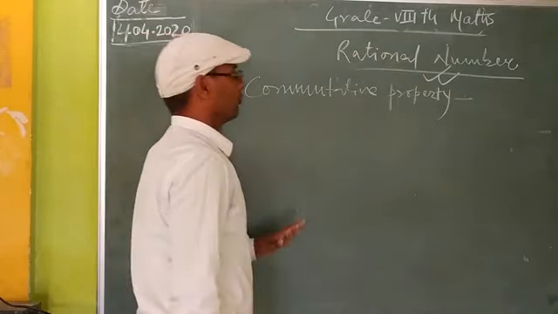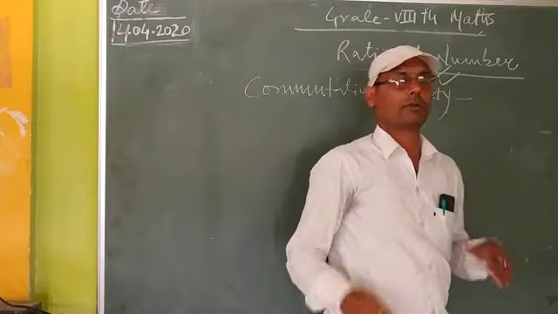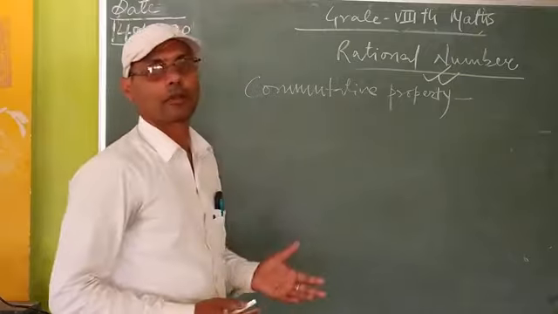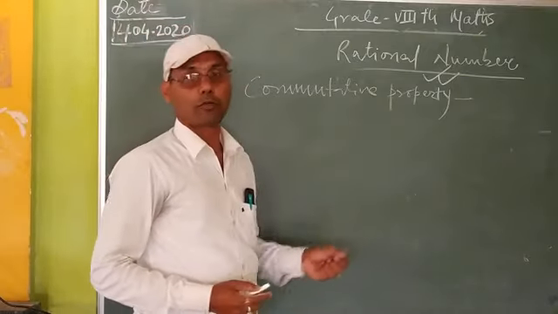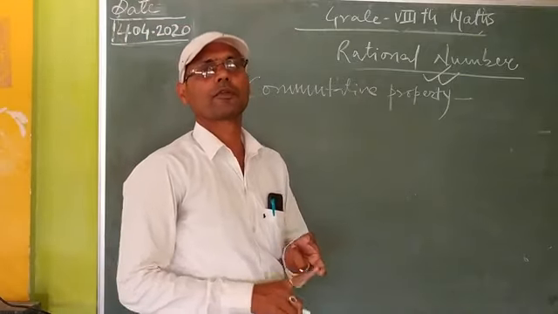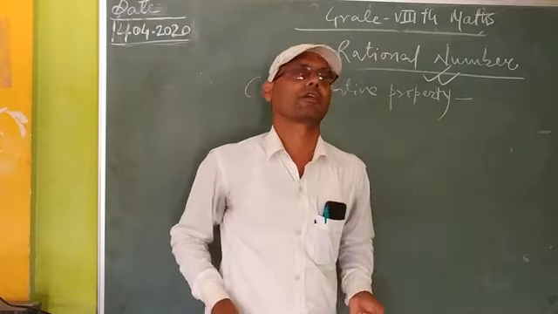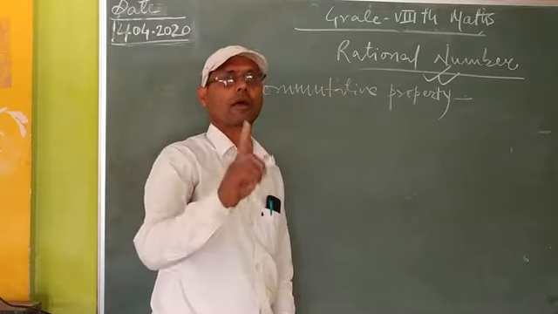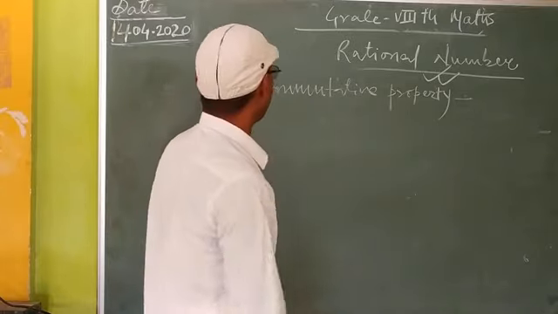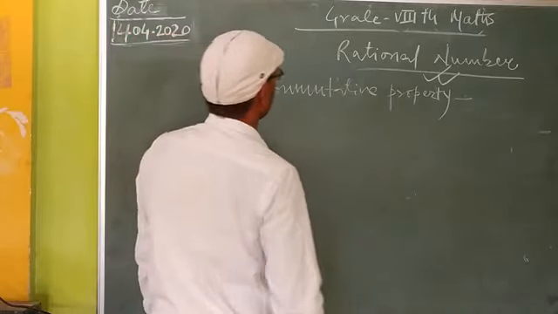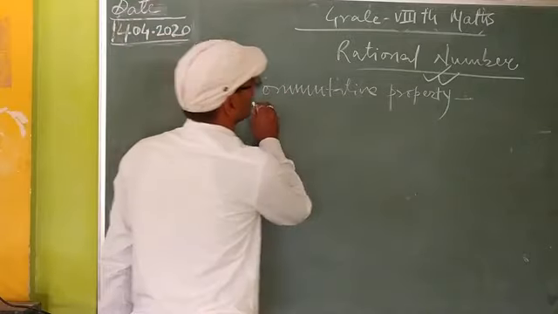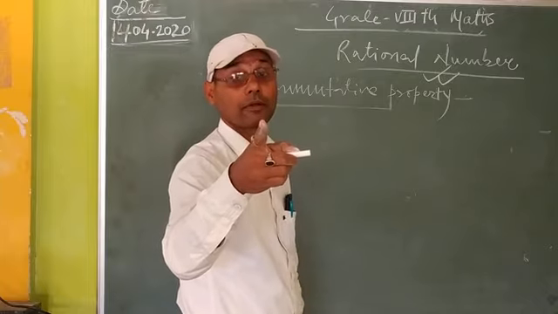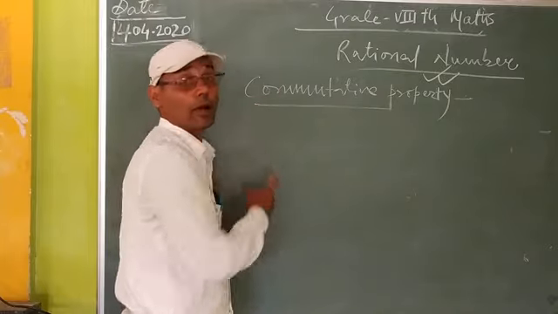In the same way, just like the closure property, you have to understand the commutative property also. Addition, subtraction and multiplication of two rational numbers remain rational. My dear, suppose I am taking some examples. One thing, you have to write it.